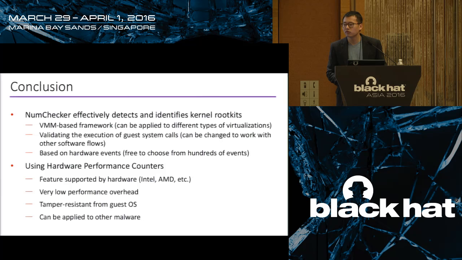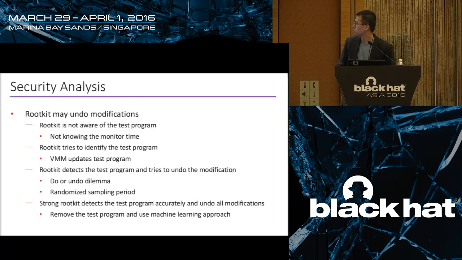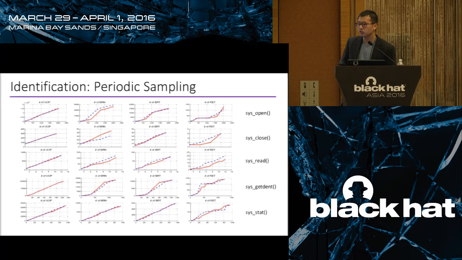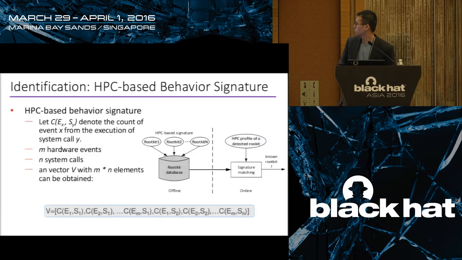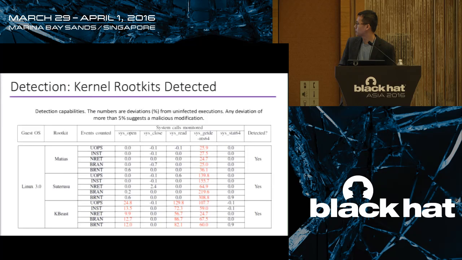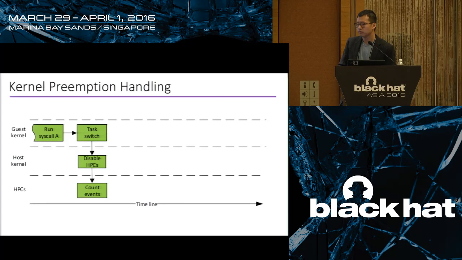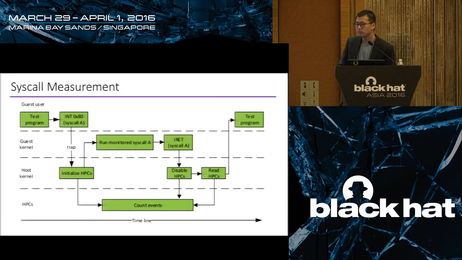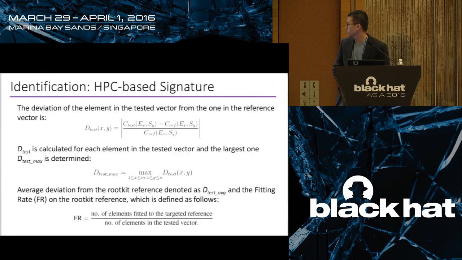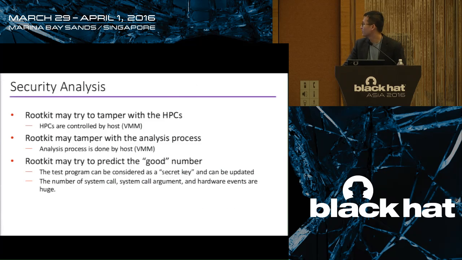You mentioned machine learning in one of the slides, where you talk about what the rootkit can do and how it can try to counter this. Security analysis. This one, or the next slide?